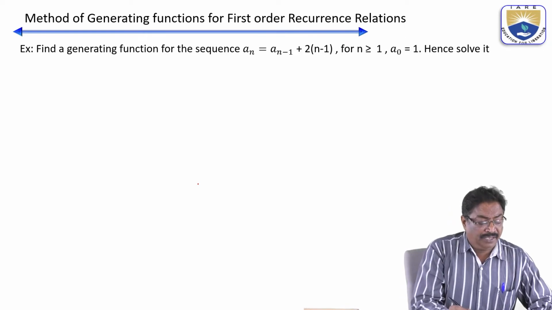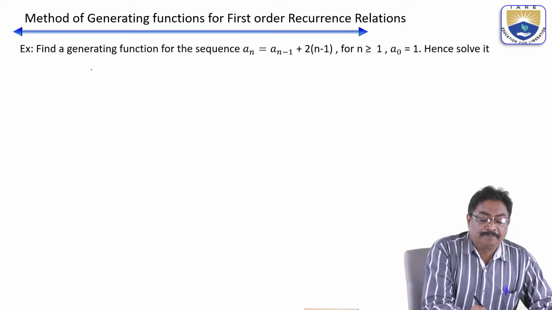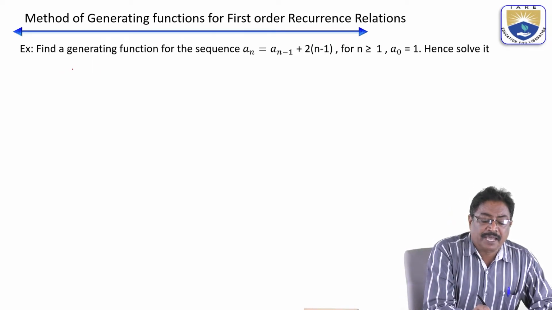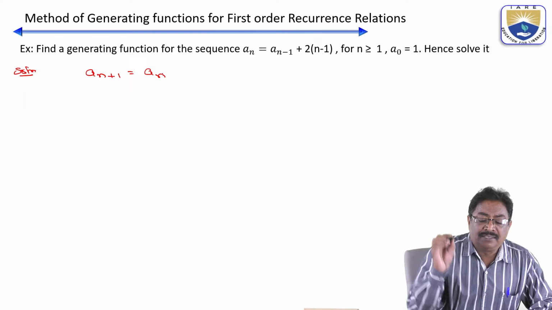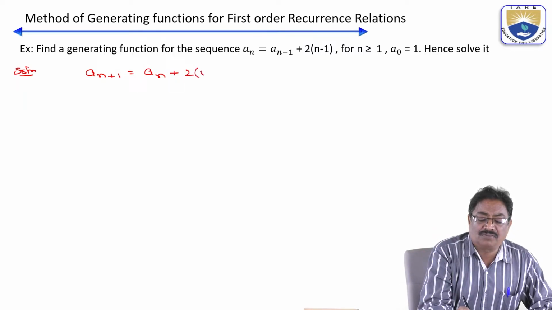Now, here, the given equation can be written as a n plus 1 is equals to a n. Just we are going to substitute n is equals to n plus 1.